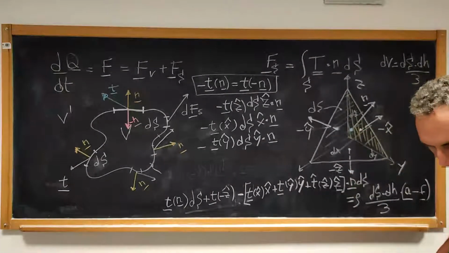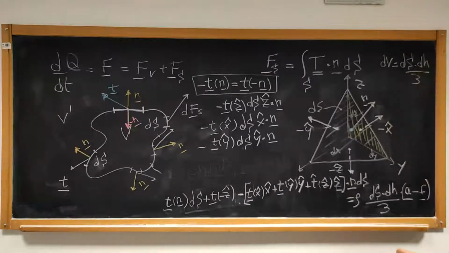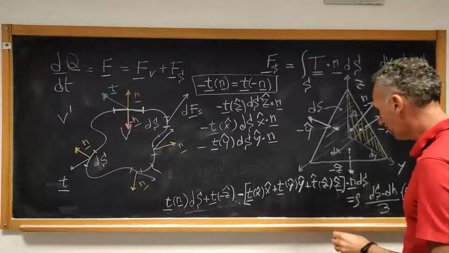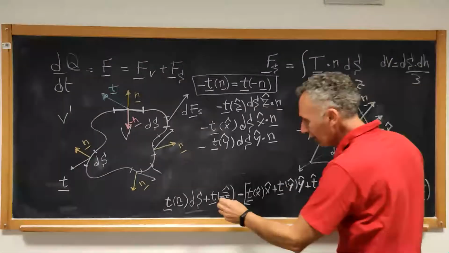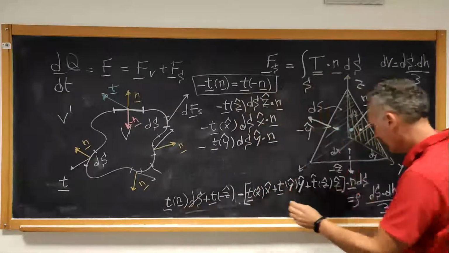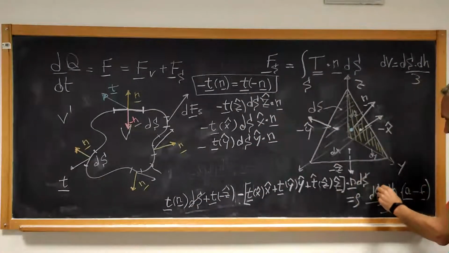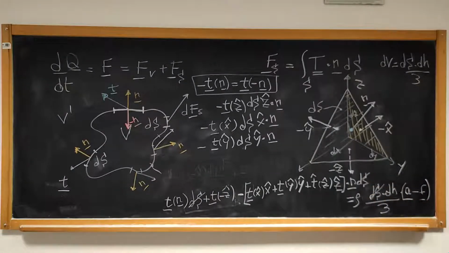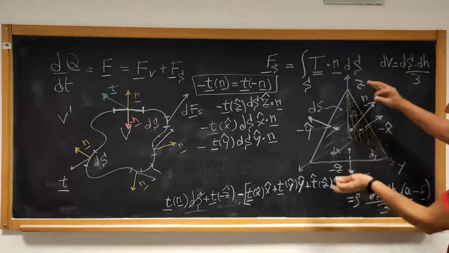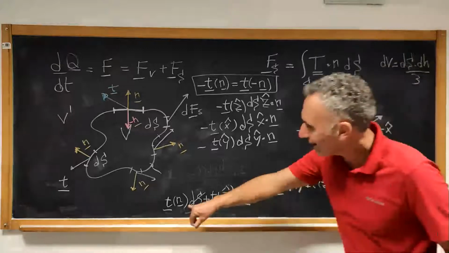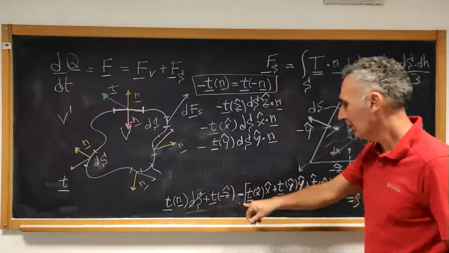Now, and this might clarify my effort to transform several terms, ds can be cancelled out from these three terms. So as you can see, this limit process doesn't affect this term.